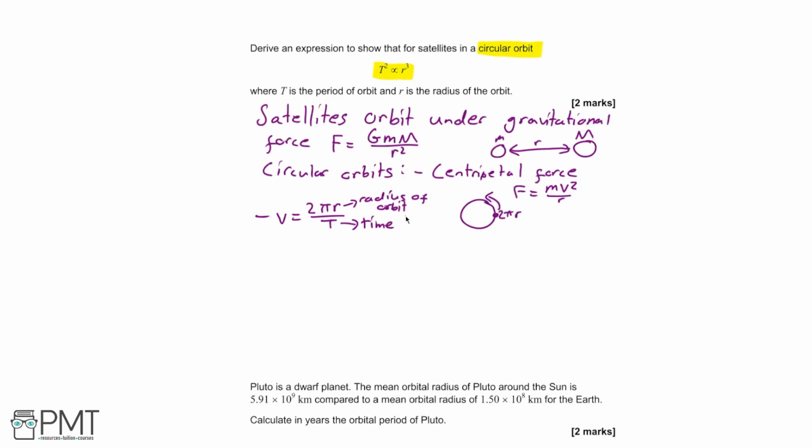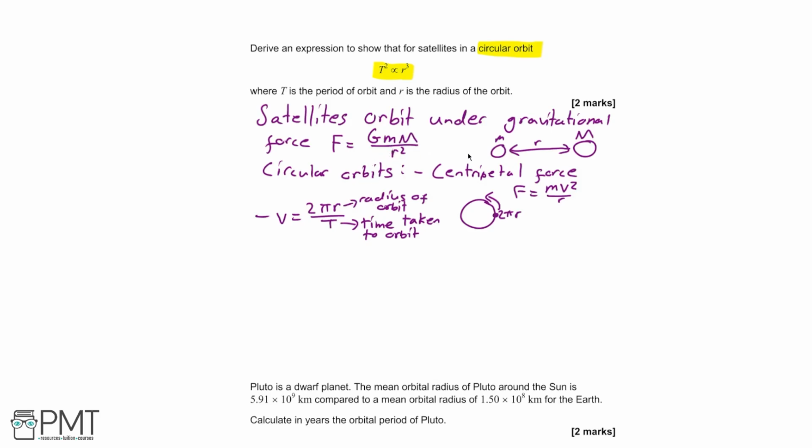And it takes T, big T, to orbit once. The reason I've collected these equations together is because we want to relate little r to big T, and we need to use other equations that contain little r in them.